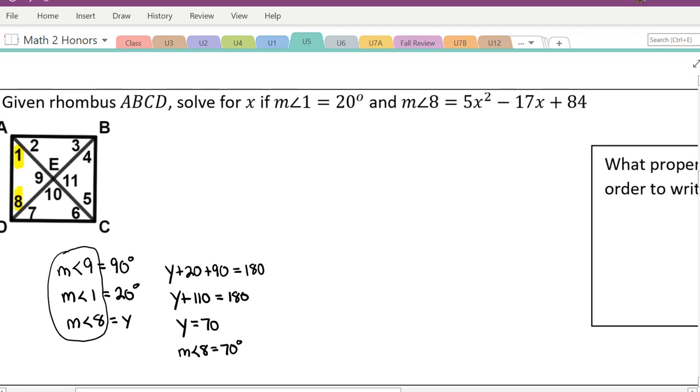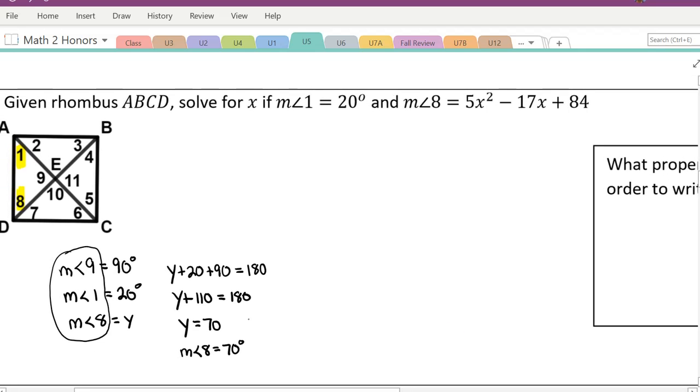So our problem here tells us that the measure of angle 8 is 5x squared minus 17x plus 84. And we found that the measure of angle 8 is 70. So I'm going to put that equal to 70, right?